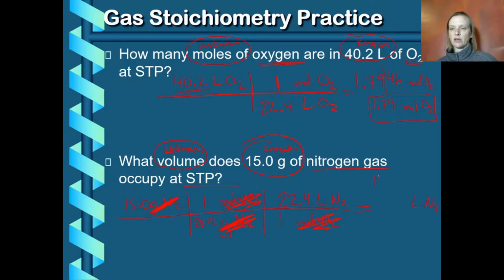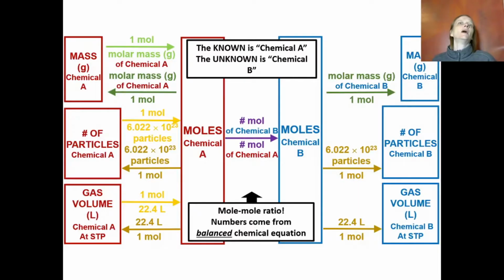According to my calculator, the answer is something like 11.9914. But I want to round off to 3 sig figs because the number after my cutoff is 5 or higher. I round up and I end up with 12.0 liters of nitrogen.